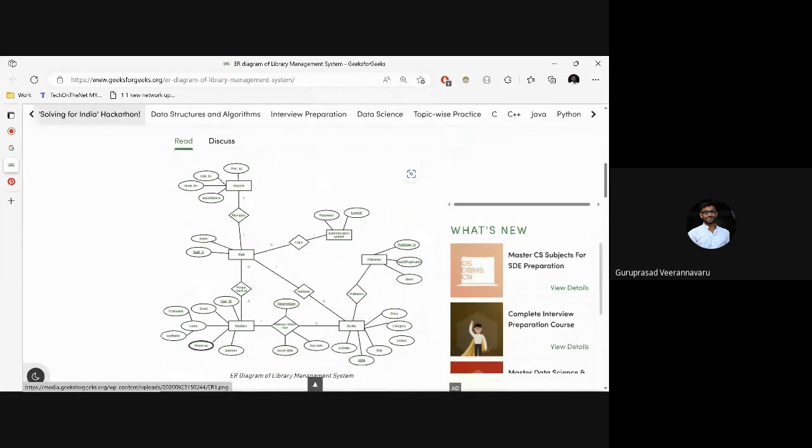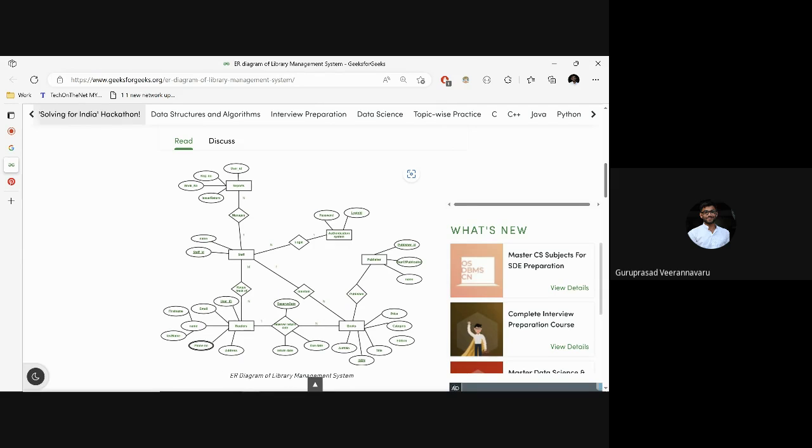How they have done: you have reader, and you have books, you have publisher, you have authentication system, staff, reports, manages, and you have maintains, books, readers, reserve, return date. So they have how many types of people?